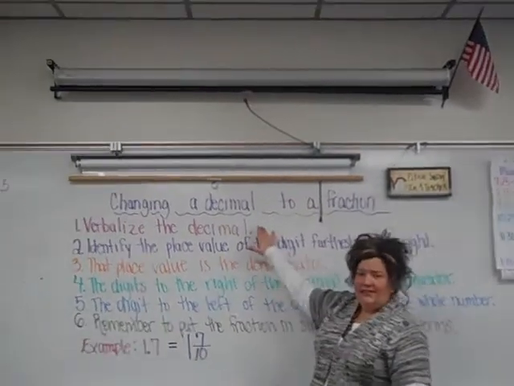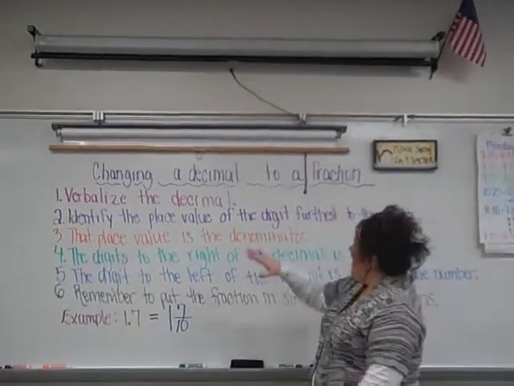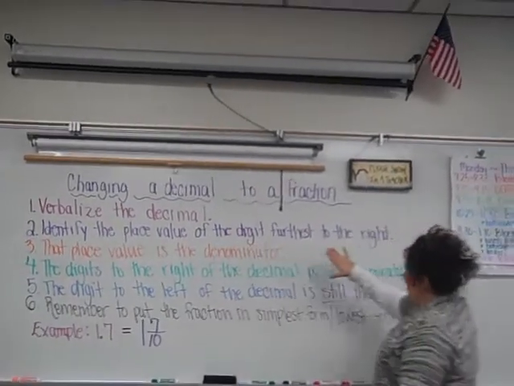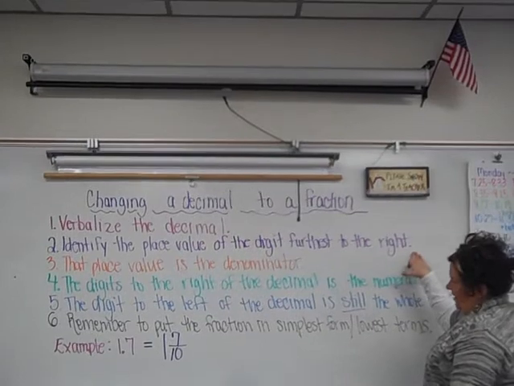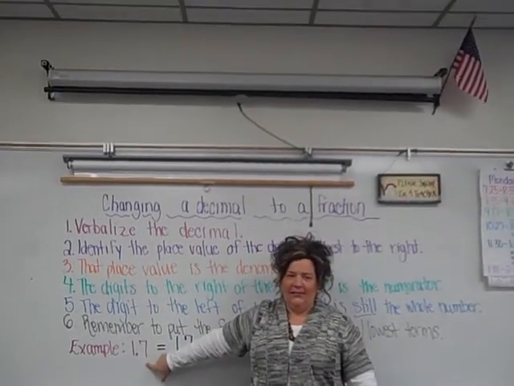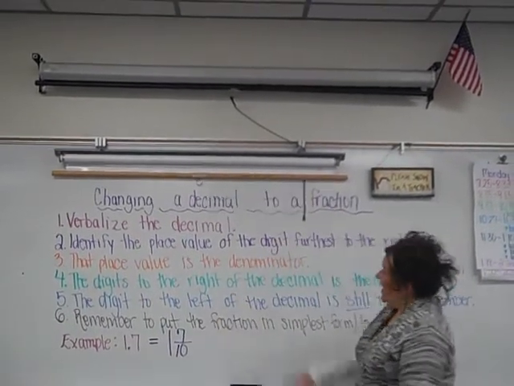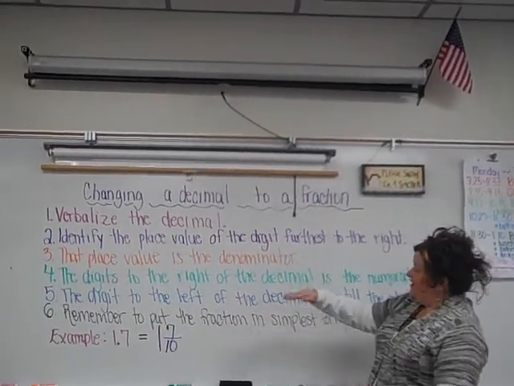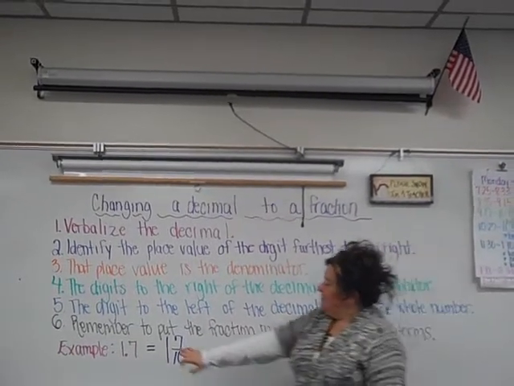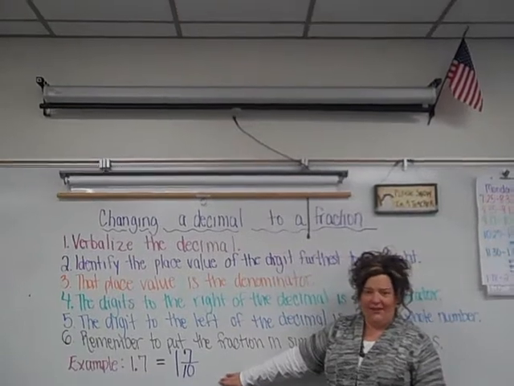You're going to verbalize the decimal, so I should hear a lot of talking today. You're going to identify the place value of the digit furthest to the right. The place value furthest to the right in our example is the tenths. That place value is considered the denominator. Since this is the tenths place value, 10 will be the denominator.